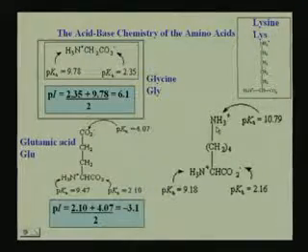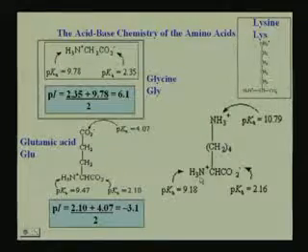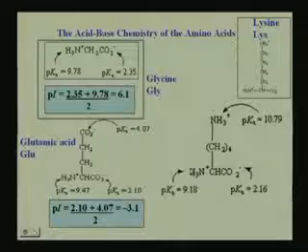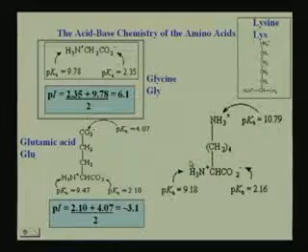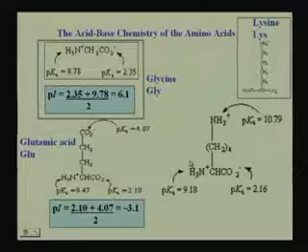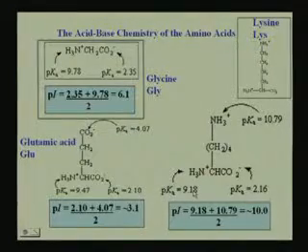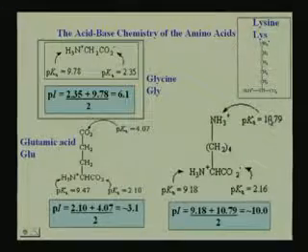Now I have to lose the next proton. So the next proton that is going to be lost is the amino group proton of the amino acid. Then to calculate the pI in this case, going from a +1 to a 0 through to a -1, it is going to be 9.18 plus 10.79 divided by 2.